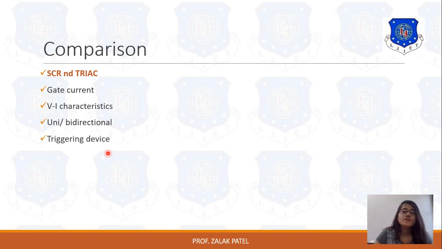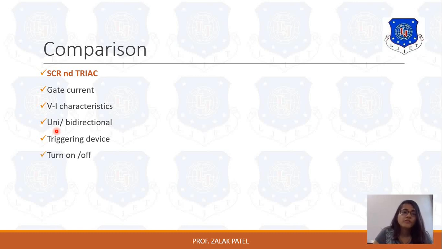Next is the triggering device. SCR can be triggered using UJT, a unijunction transistor. We will discuss some details about UJT in the next lecture, on how SCR is triggered using UJT. While TRIAC, we already discussed, is triggered by DIAC, diode for alternating current.